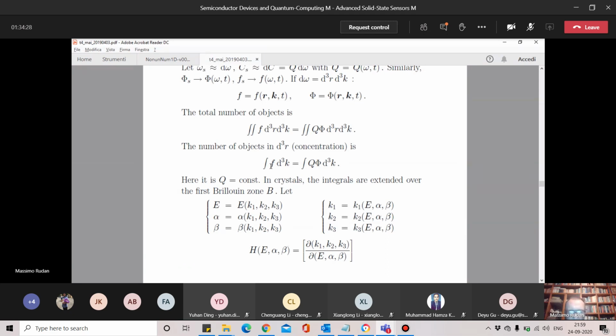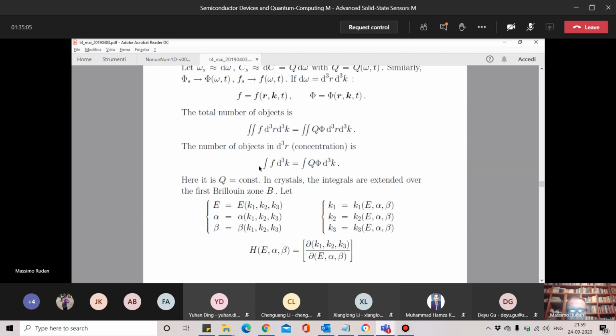If we perform the next integration, so that if we integrate over the physical space R, we obtain the total number. But this means that the integral of f over K only is the concentration in the physical space, because obviously if you integrate the concentration, you obtain the total number. So this is an important aspect to be remembered.